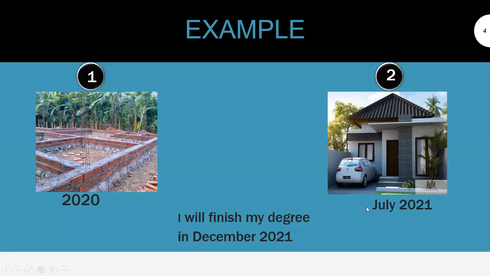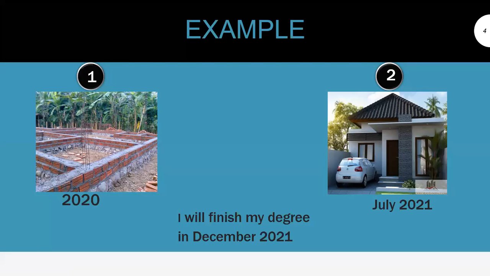And then the house will finish in July 2021. Okay, another action. My planning is that in December 2021 I will finish my degree.